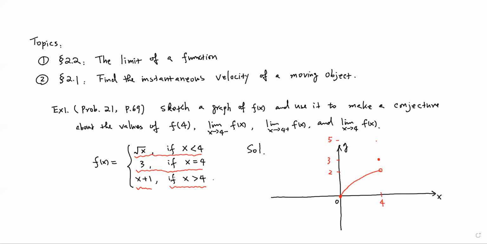Pick a second point, say when x is 5. When x is 5, x plus 1 is 6, about here. Now join these 2 points with a line.